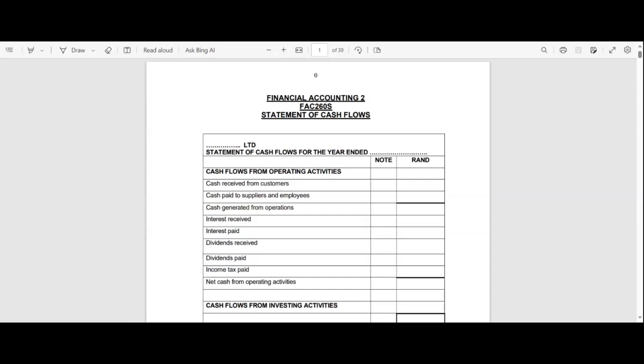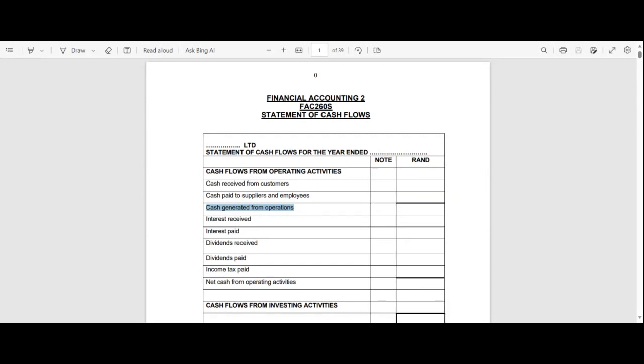Now, if we just look at this direct method, the face of our statement here, we see we've got a subtotal. Our very first subtotal there is called cash generated from operations. Now, I'm going to give you a lot of little warnings and hints and ideas during the course of the morning and afternoon, ladies and gentlemen.